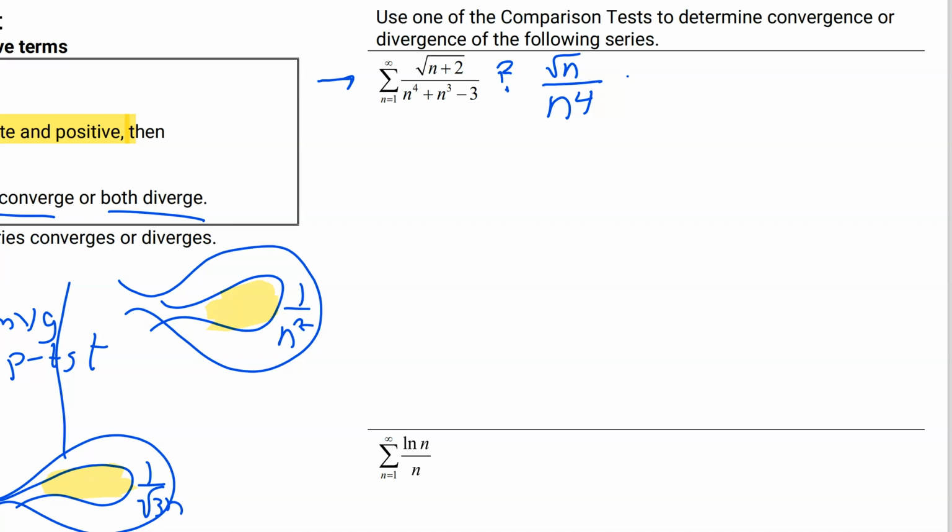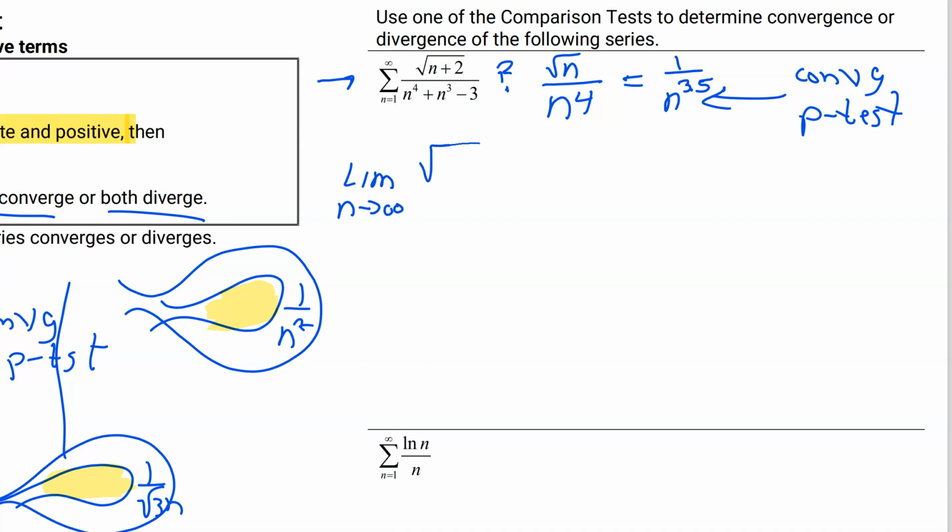And by the way, this thing simplifies to be 1 over n to the 3.5, right? Since we're not sure, and by the way, the thing we're comparing to converges by a p-test, right? The power is greater than 1. What we're going to do is the limit comparison test here to see what's happening.